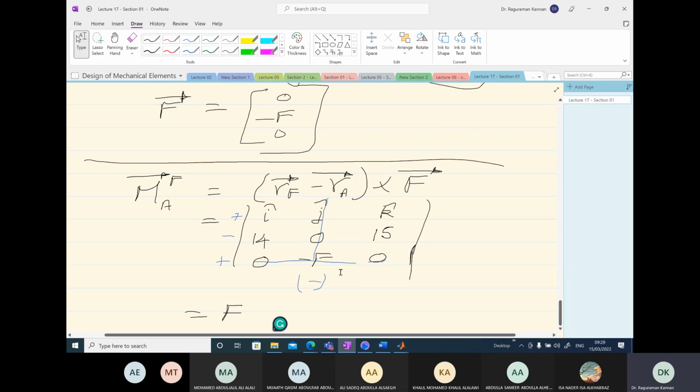And let's write the quantities here. So we have 15I minus 14K.